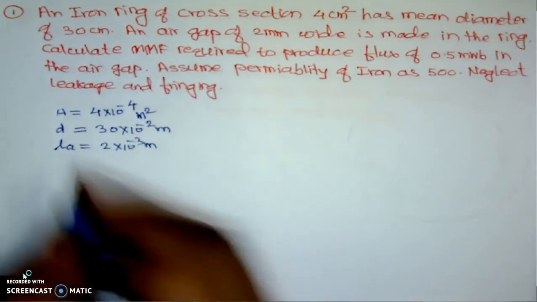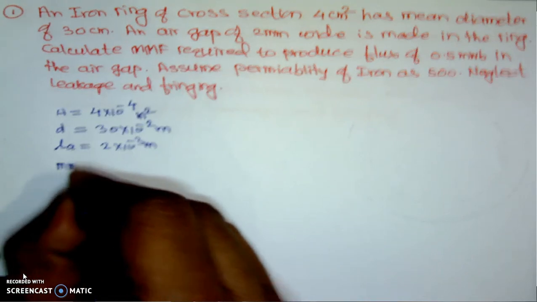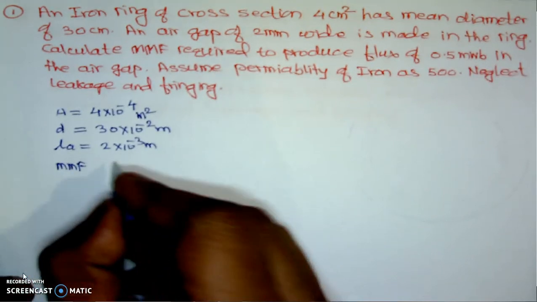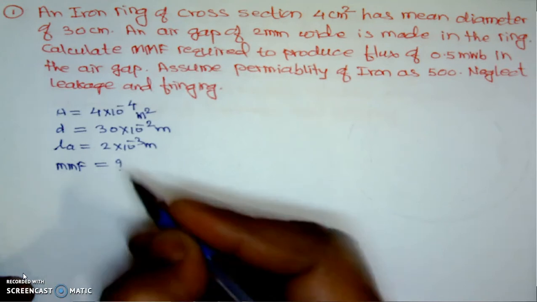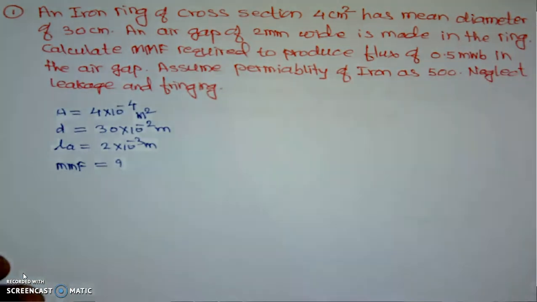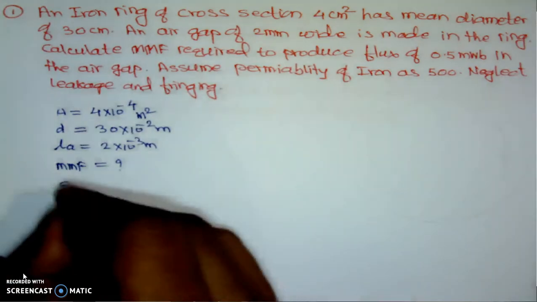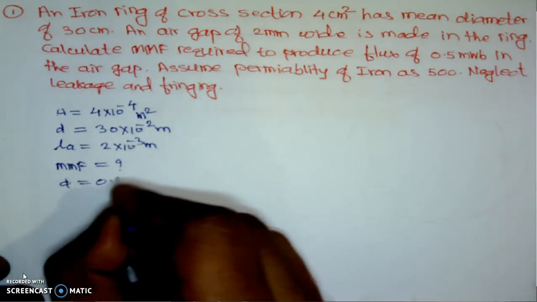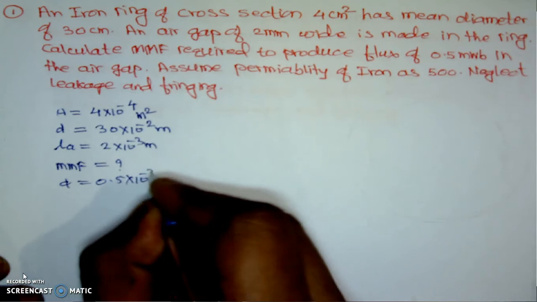Calculate MMF means here we are interested in calculating the MMF, that is magnetomotive force. To produce a flux of 0.5 milliwebers in the air gap means the flux given is 0.5 into 10 raised to the power of minus 3 Webers.